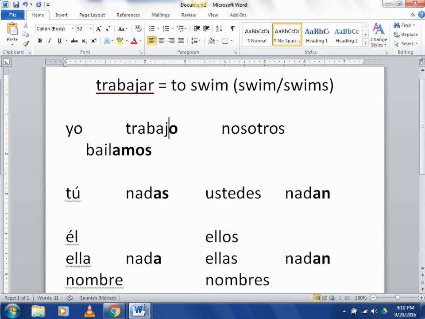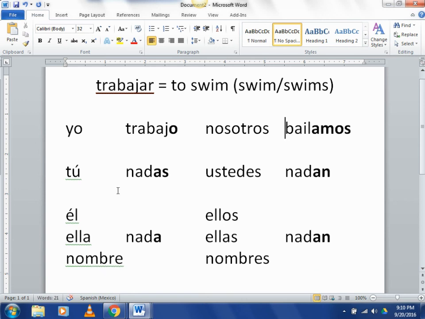Trabajo. Okay, in the tú form, we're going to drop the AR. Trabajas. So you can see these are patterns we're going to pick up. And you can use any of the AR verbs we've already seen, but you do have to memorize the endings and who they go with.